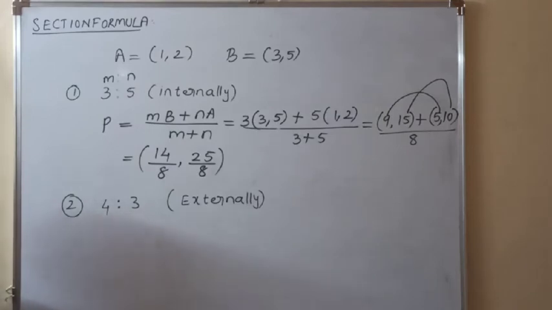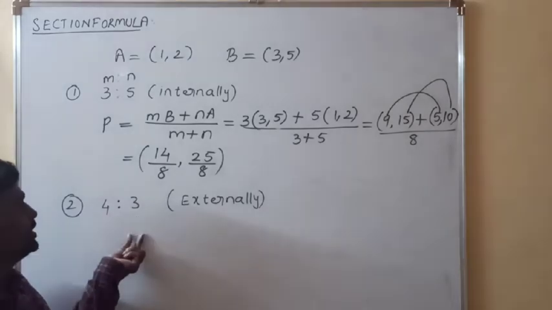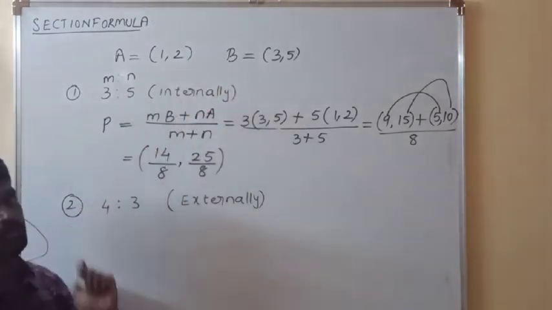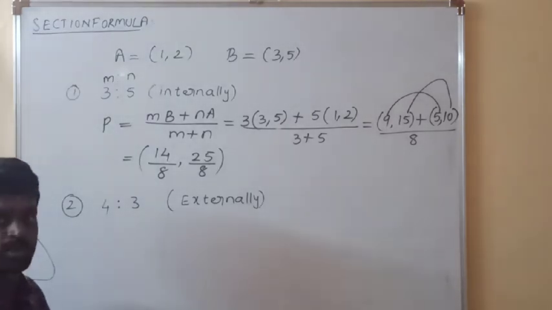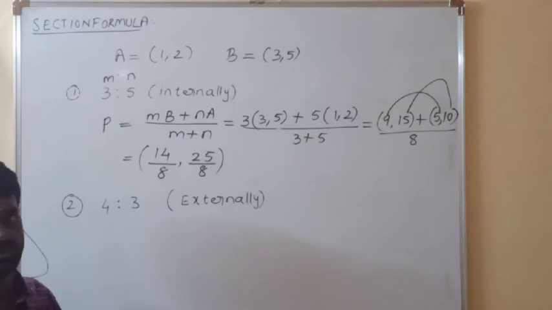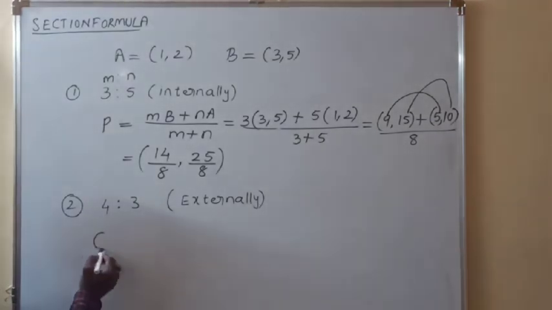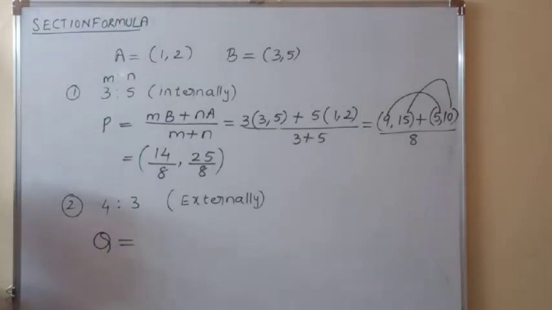Next example. Find the point which divides the segment AB in the ratio 4:3 externally. So same formula, instead of plus, what do you have to write? Minus. Suppose that point is Q, instead of P. Q is the point on the segment AB which divides AB in the ratio 4:3 externally.